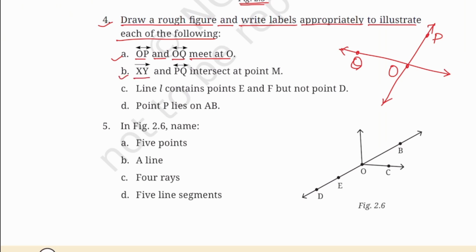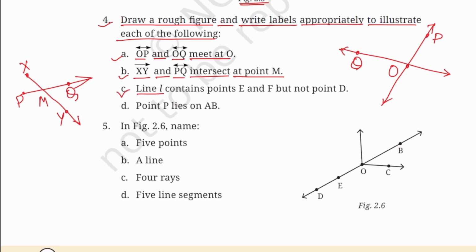B. Ray XY and ray PQ intersect at point M. Ray XY and ray PQ intersect at M. X, Y and PQ.